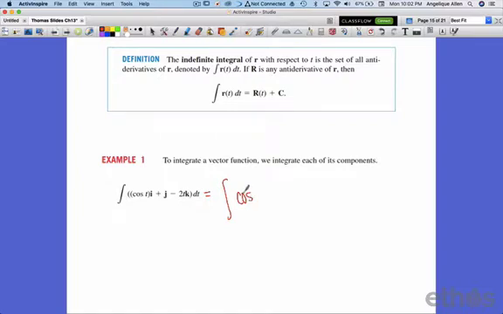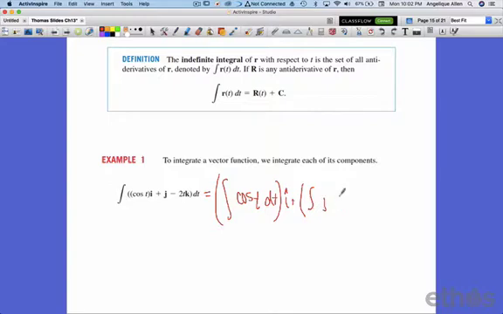Adjust the tilt of my tablet here. Cosine of t dt, and that's your i component, because the answer to the integration of a vector valued function is also going to be a vector valued function. Then we'll have integration of dt in the j direction.